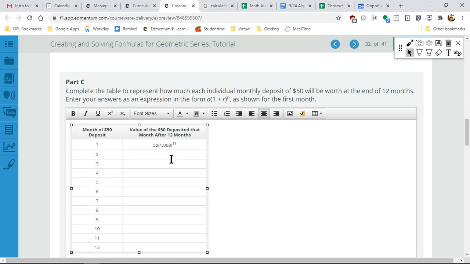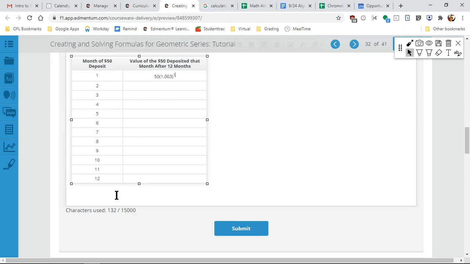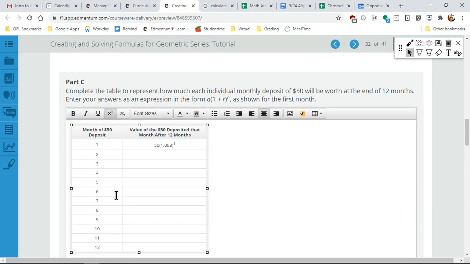What is this? They did this wrong. This is supposed to be a 1. Yeah, because it's after 12 months. What are they doing here?